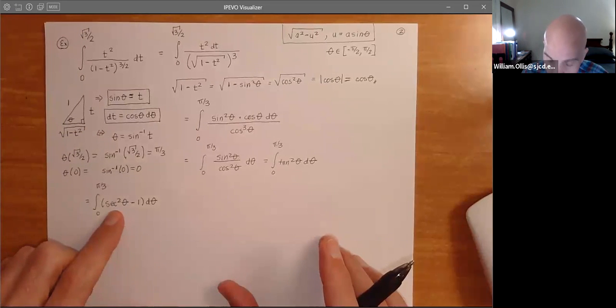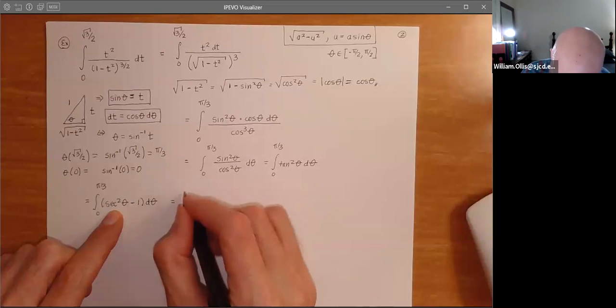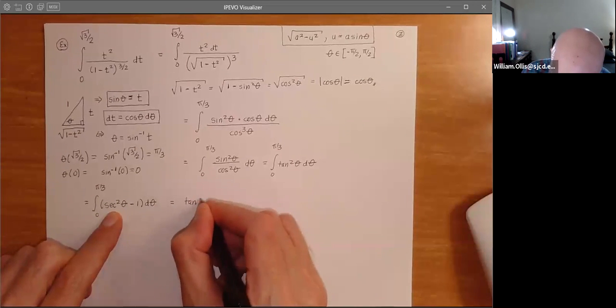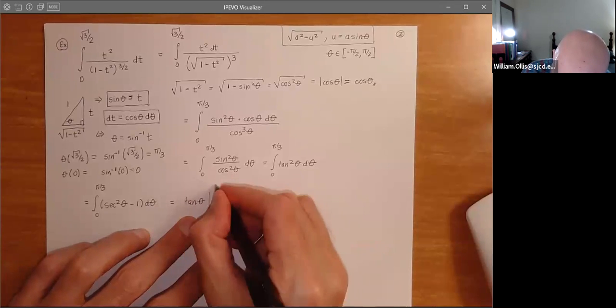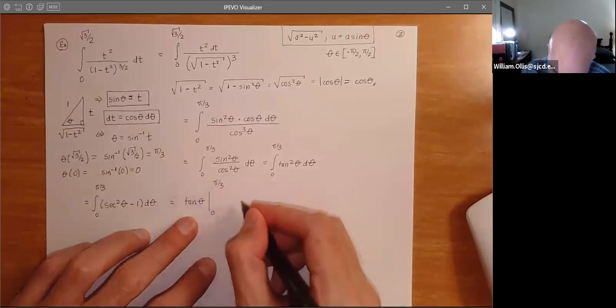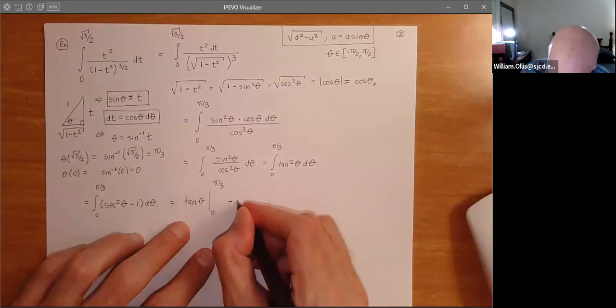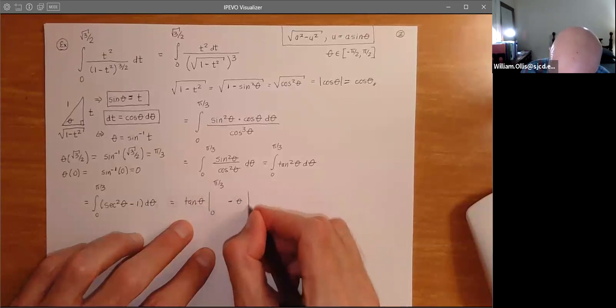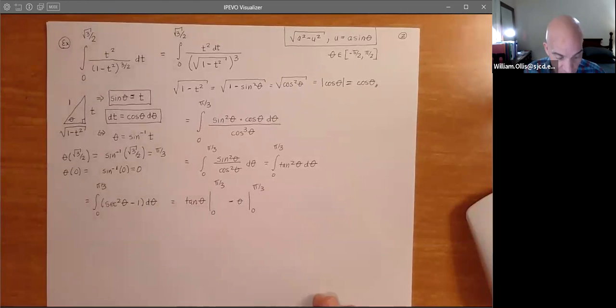So now, of course, the derivative of tangent is secant squared, so we're happy for that. So that's tangent theta, from 0 to pi over 3. And then, of course, this is just theta, minus theta. I just broke this up into 2 pieces to do it differently. You don't have to. You can just leave it alone.